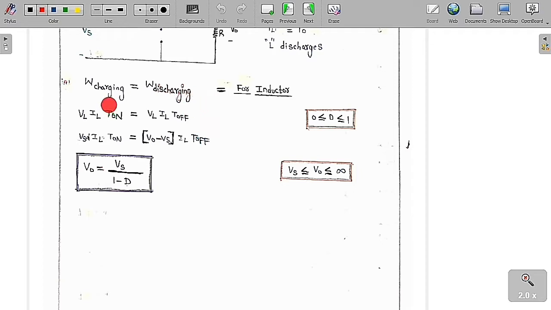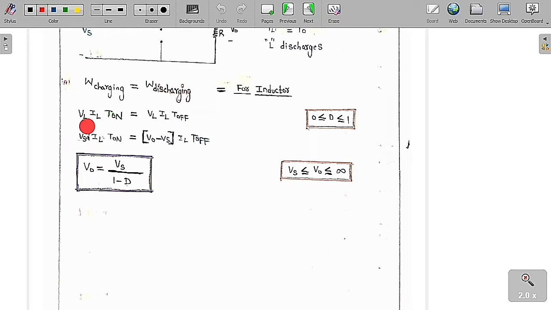In the charging mode, the energy is VL IL into T on, and this is equal to VL IL into T off. This is the energy stored in the inductor during the charging period, and this is the energy delivered by the inductor during the turn off period, the discharging period.